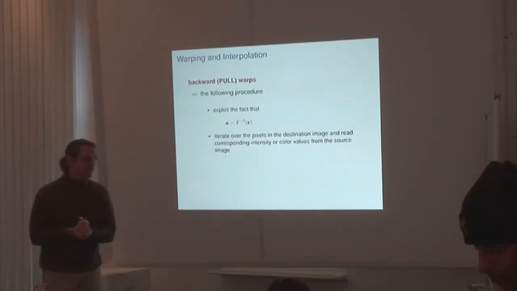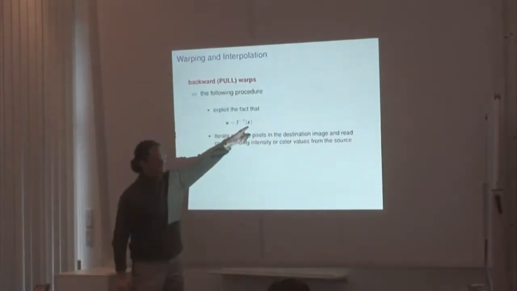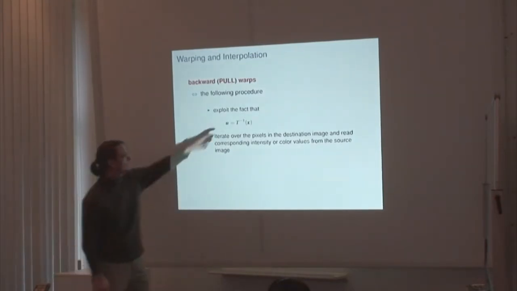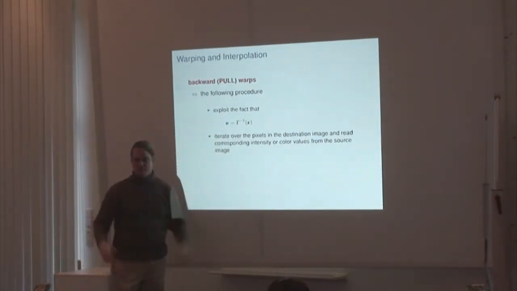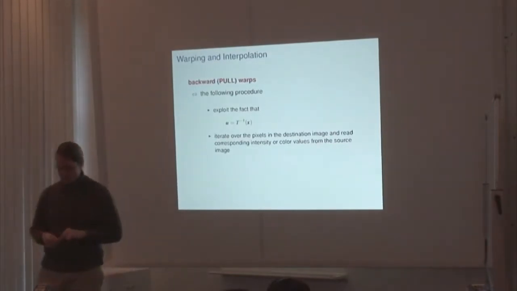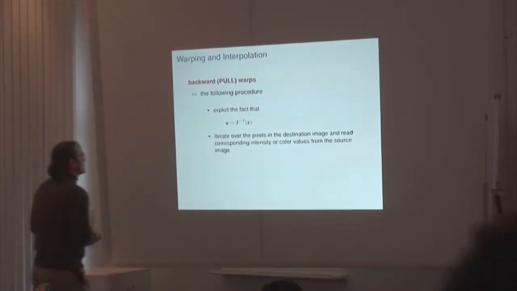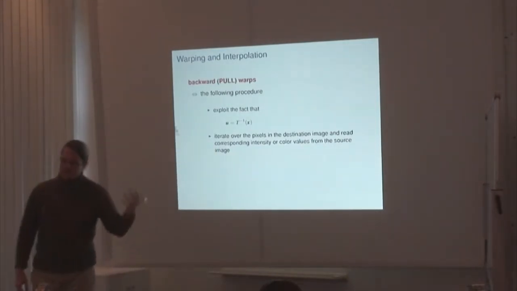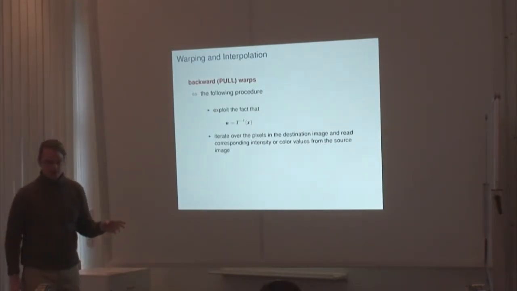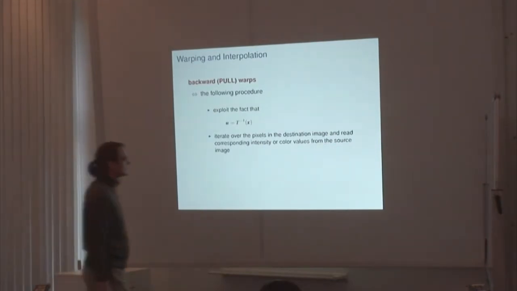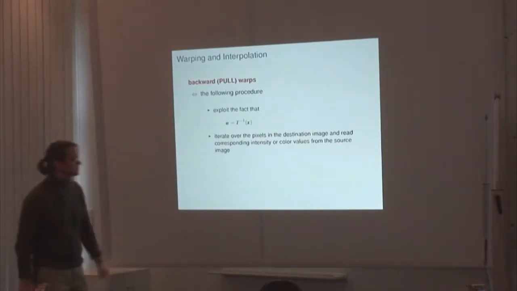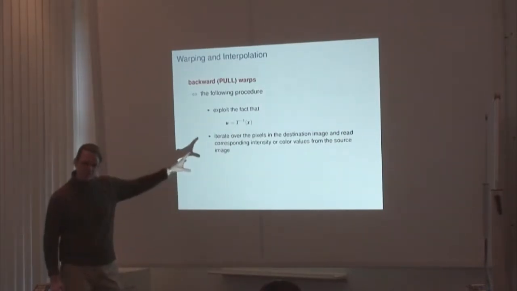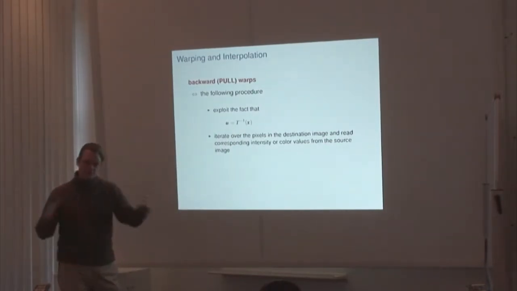That is to say, if we are given a coordinate x in the destination image, the corresponding coordinate u in the original image can be obtained by applying the inverse transform. Therefore, we can iterate over all the pixels in the destination image and compute the intensity values from the corresponding coordinates in the source image. This, of course, ensures that every pixel in the new image will be considered.